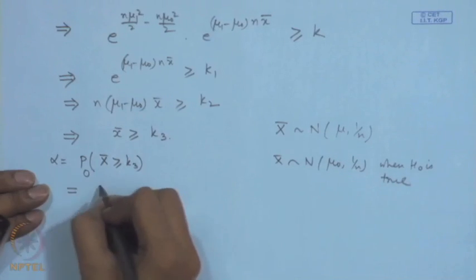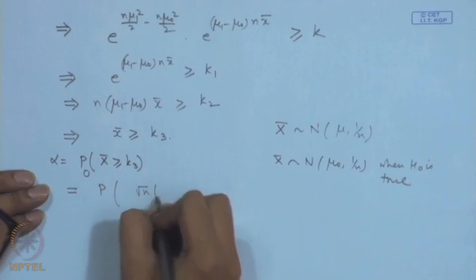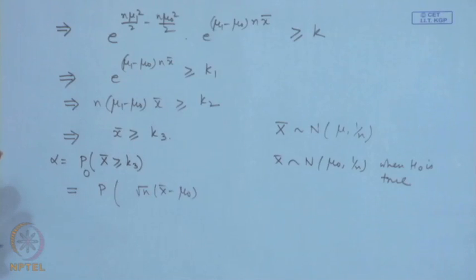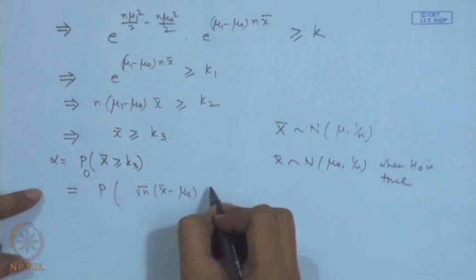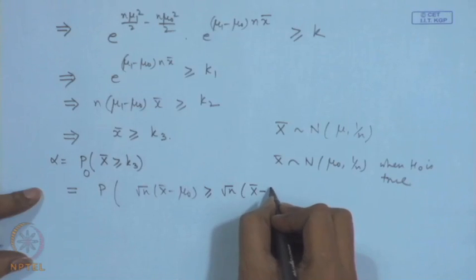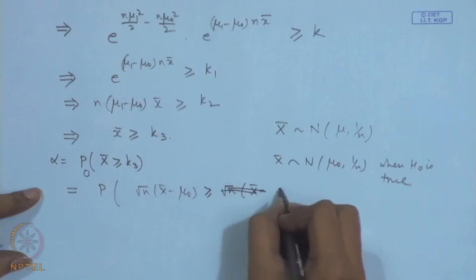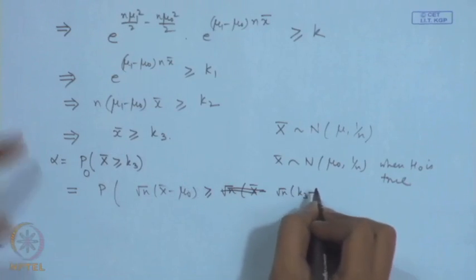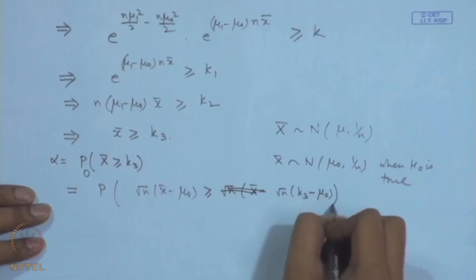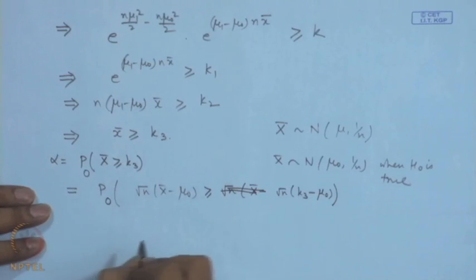So, this can be written as probability root n into x bar minus mu naught greater than or equal to root n into k 3 minus mu naught, when mu is equal to mu naught.